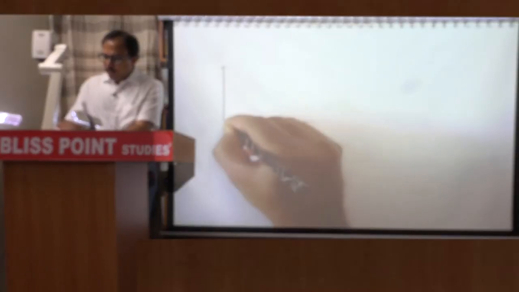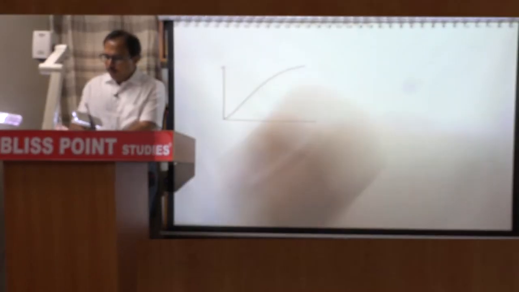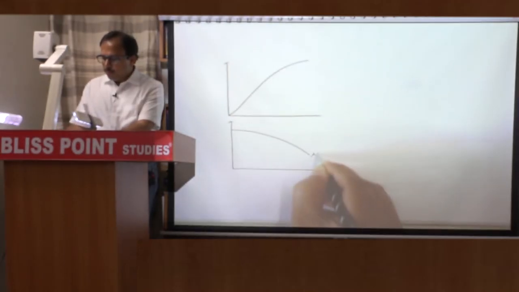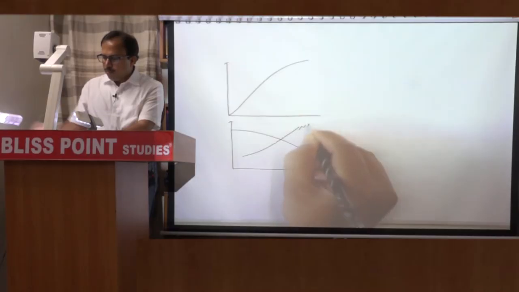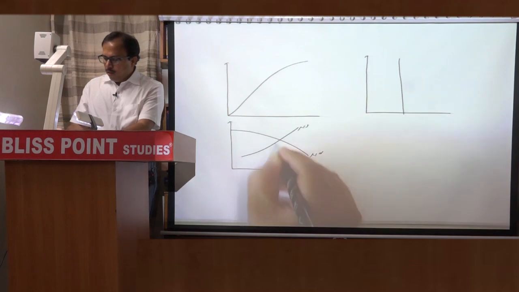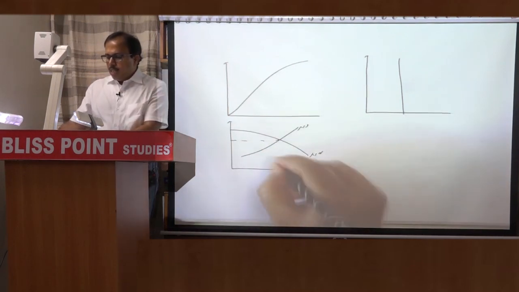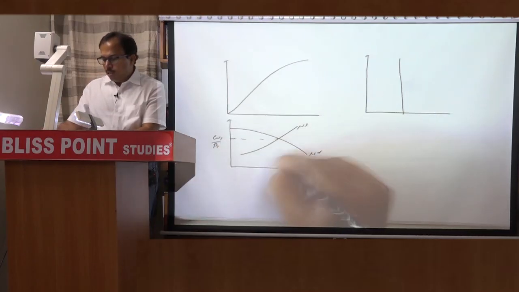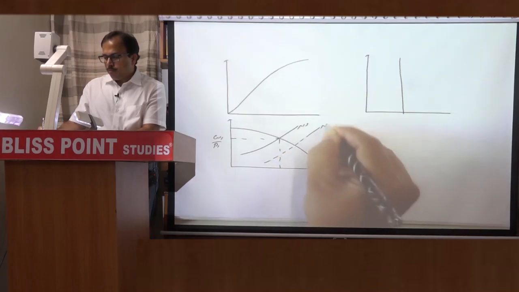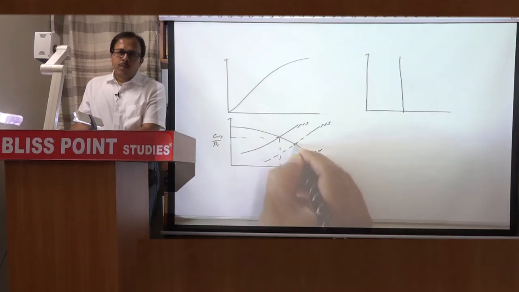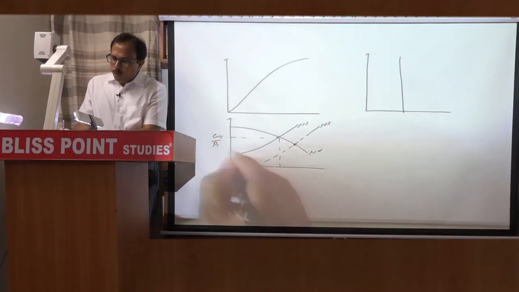If I draw the production function, labor supply, labor demand, the question says there is an increase in labor supply, so the labor supply shifts to the right. If you determine the equilibrium, it will be at a lower real wage.